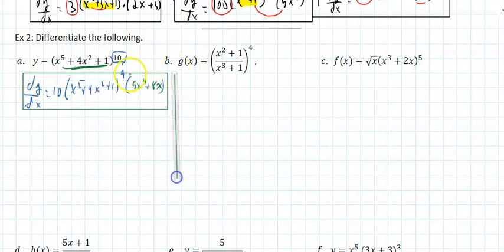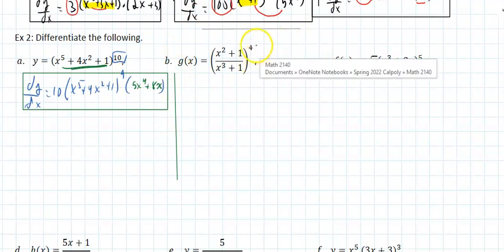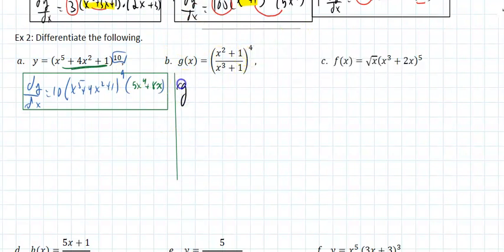Now if I get to b, I'm going to take a derivative of this, bring the power down, subtract 1 from the power, times the derivative of the inside, which is the quotient rule.